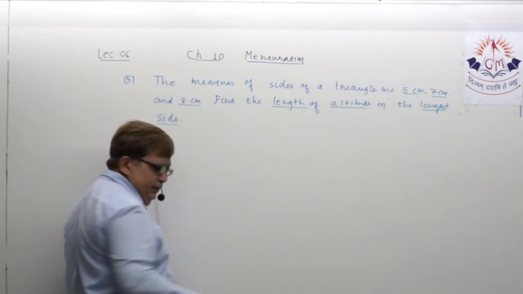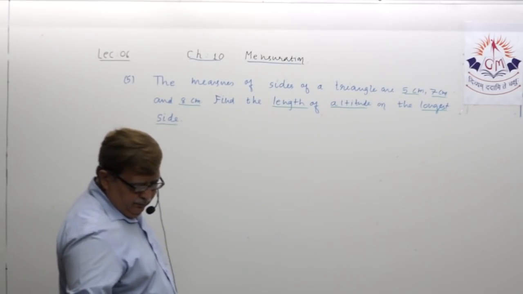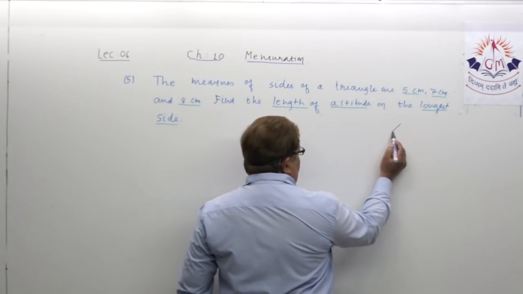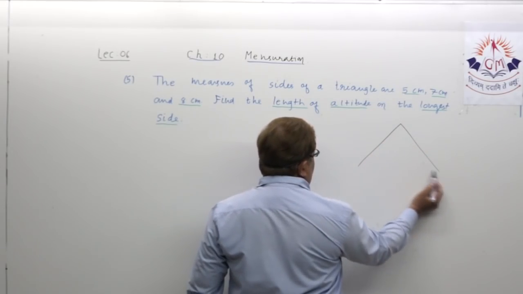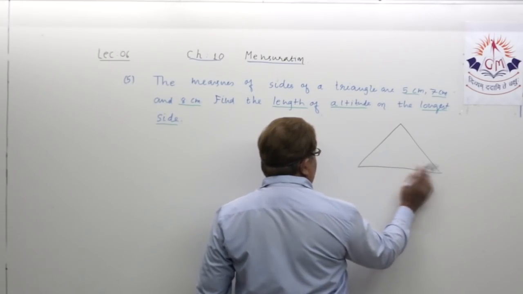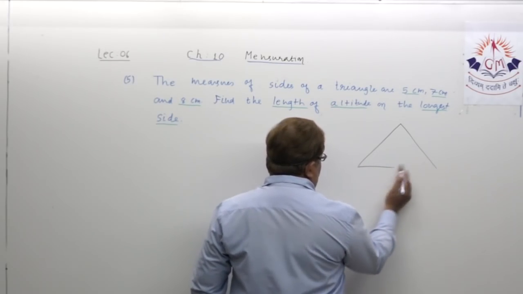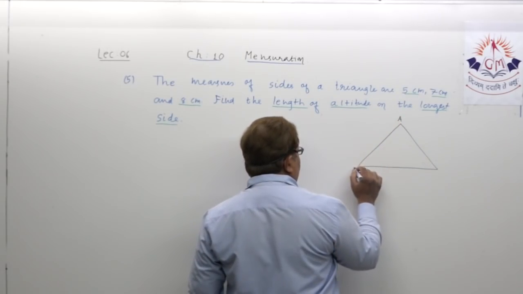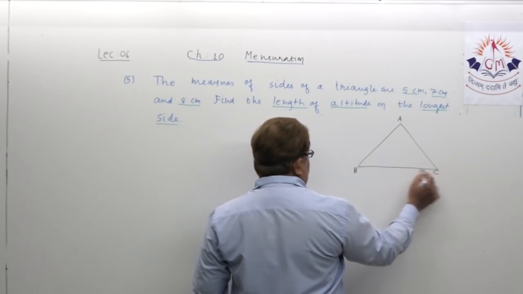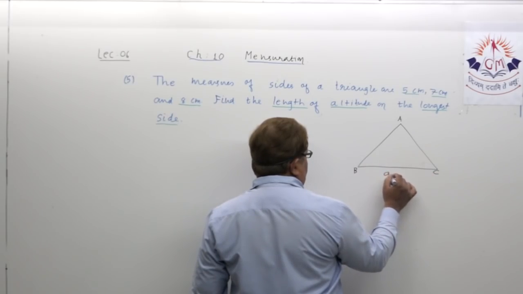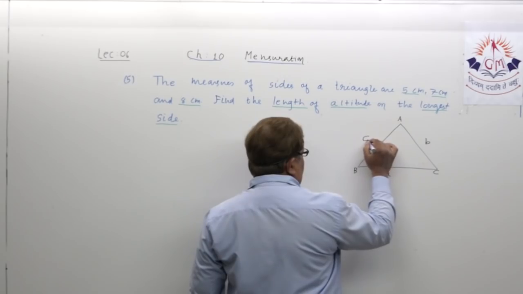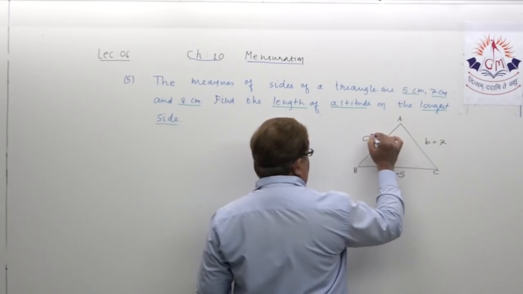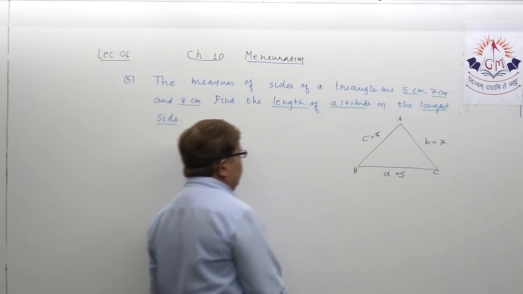Let us draw a simple diagram of triangle ABC. Three sides, let us say this is A, B and C. A I say 5, B I say 7, C I say 8.